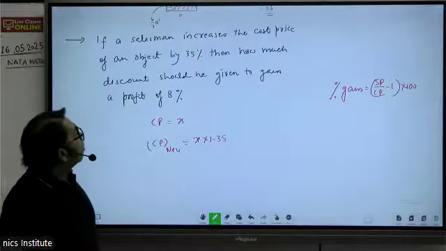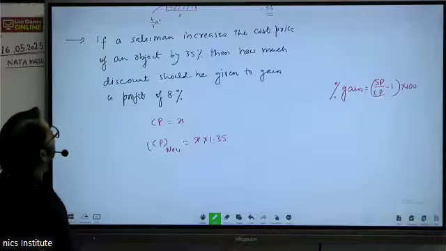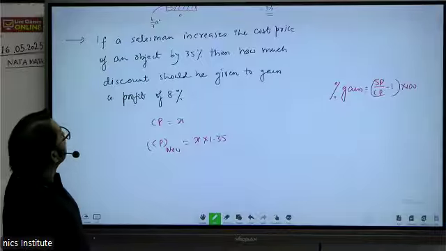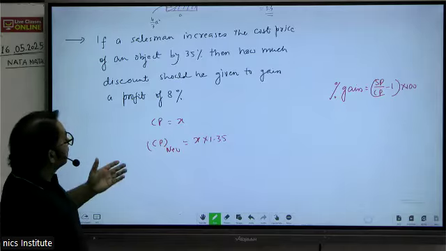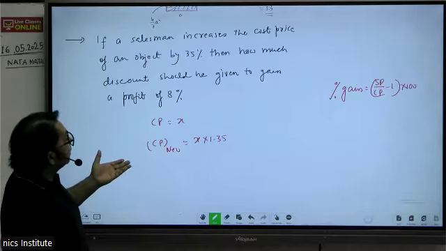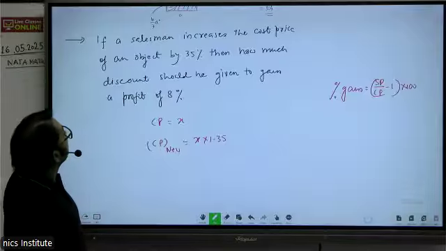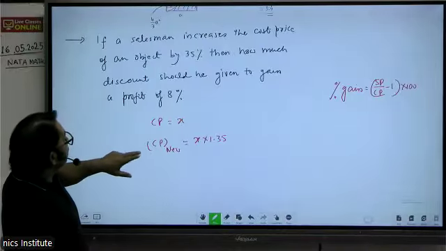Then he says, how much discount should be given to gain a profit of 8%. Now this CP, we have to give the discount on this.